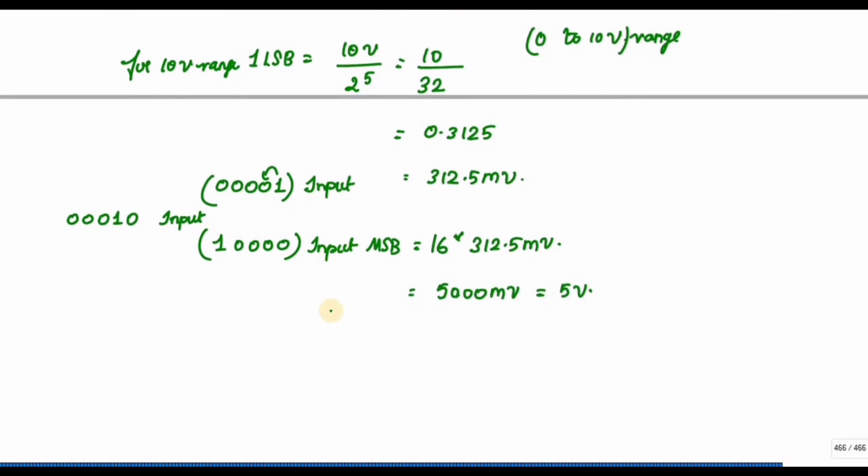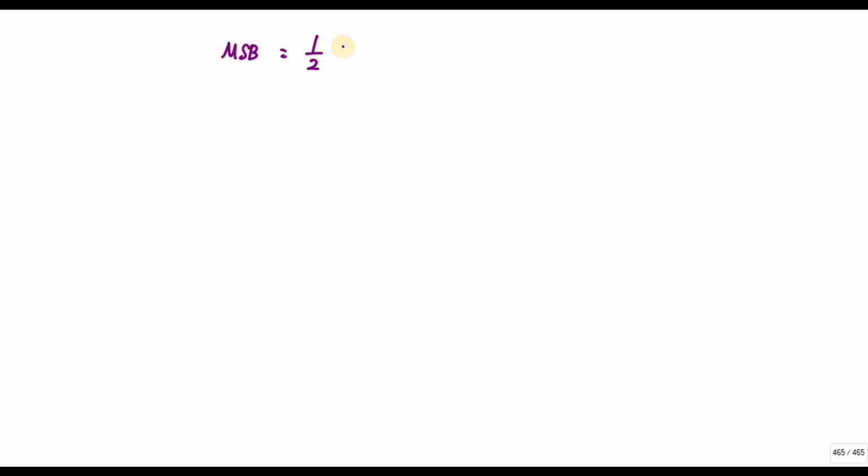Or otherwise, in order to find the MSB value, you can use another formula: 1 by 2 of the full scale voltage. That is 1 divided by 2 into 10, which is equal to 5 volt. You can do it like that also.